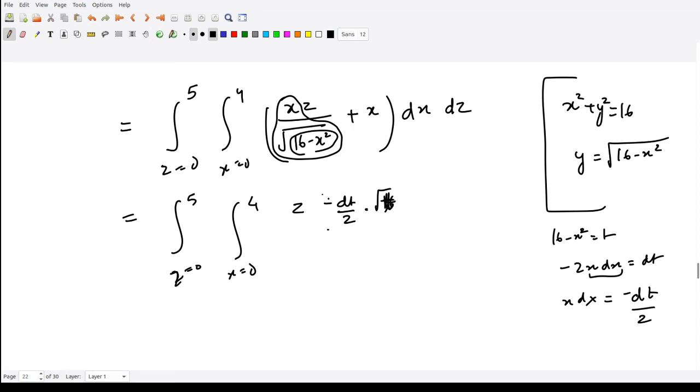So when you perform its integration over t, this is actually t to the power minus 1 by 2. When you perform its integration, it becomes t to the power 1 by 2 divided by 1 by 2, right? And with a negative sign. So what was our t? So let me write down here the value directly.